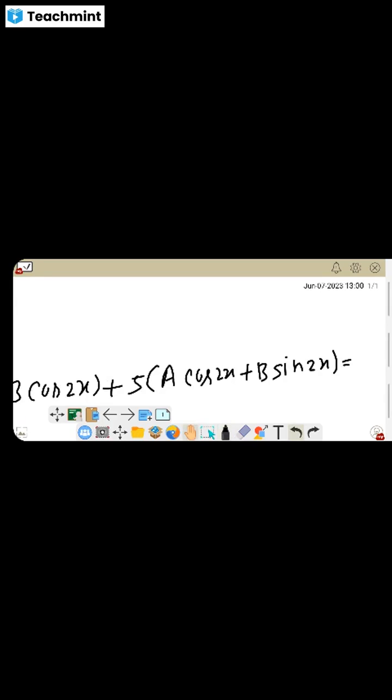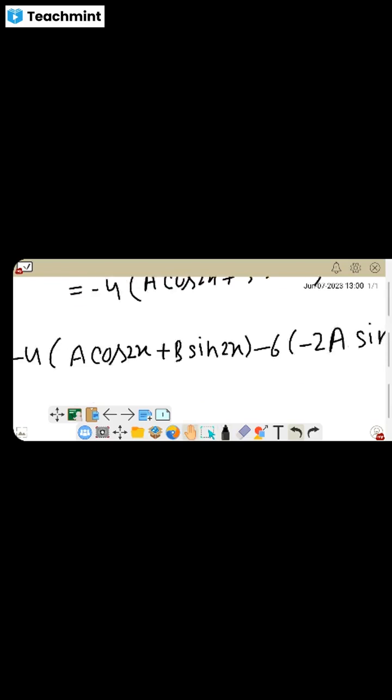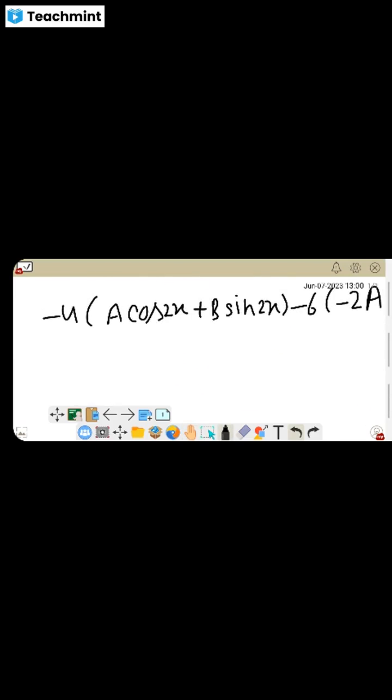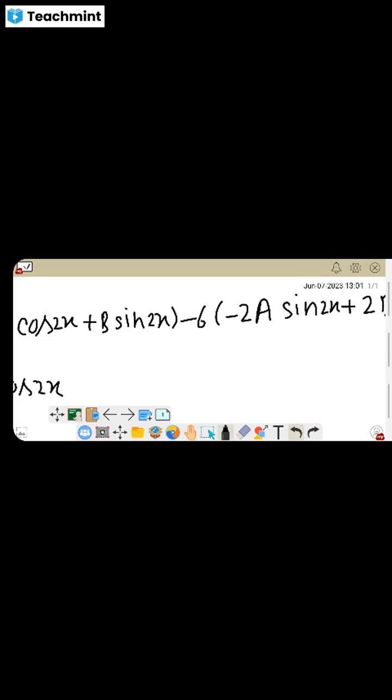This is equal to cos 2x, as we have on the right side. Now let us simplify. Here minus 4a cos 2x. We can take terms of cos together and terms of sine together.